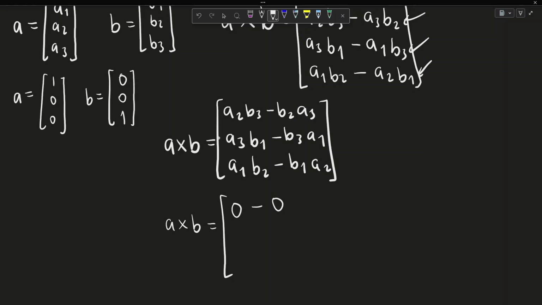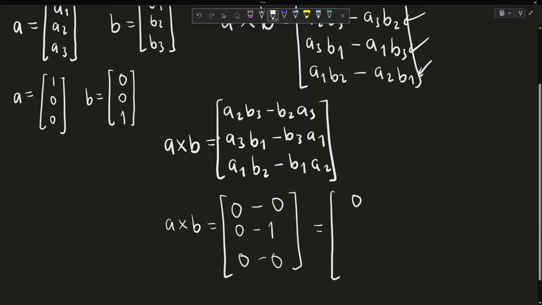The second entry, A3 times B1, which is 0, minus B3 times A1, which is 1. So you'll get 0 minus 1. And the third entry, A1 times B2, which is 0, minus B1 times A2, which is 0. And so you'd find A cross B is equal to 0, negative 1, 0.